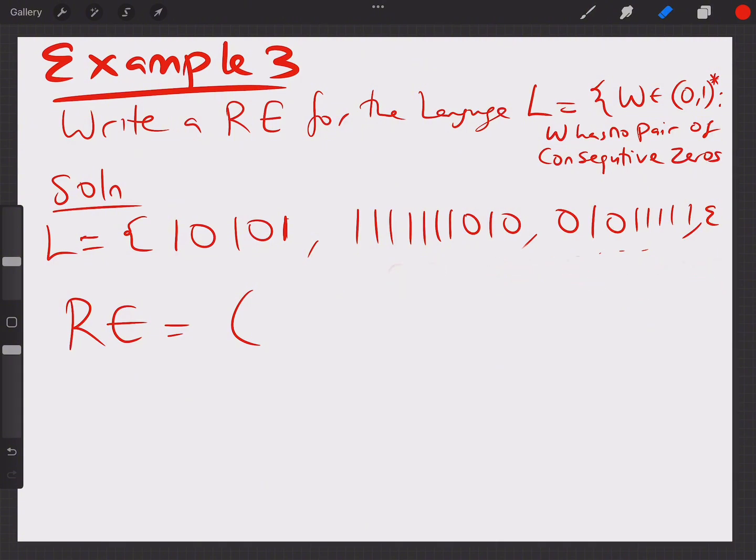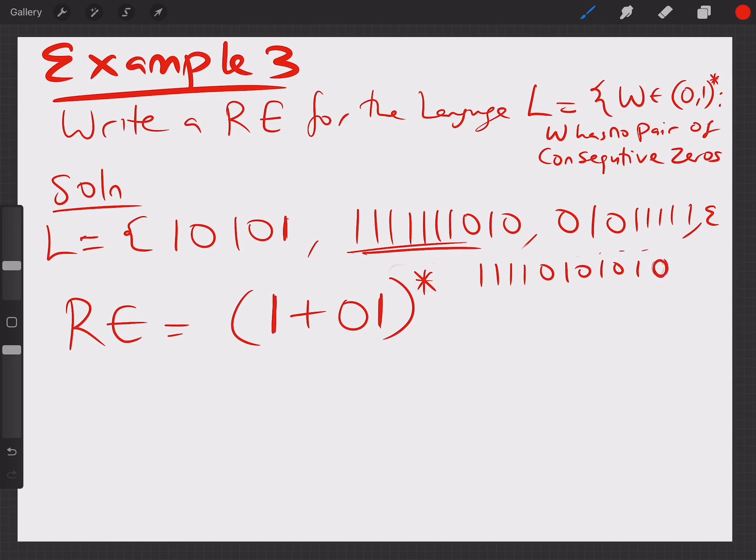But then I could also have a string of ones of that length. So let's just have 1 or 0, 1. It can be either 1 or 0, 1, and I can set this to be a clean closure of that language. But then this would never create a situation where we will have trailing zeros. We will have 1, 1, 1, 0, 1, 0, 1, 0, 1. There will never be a reason for zeros behind this guy.